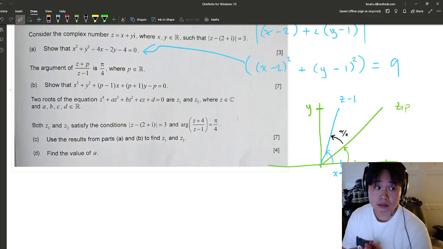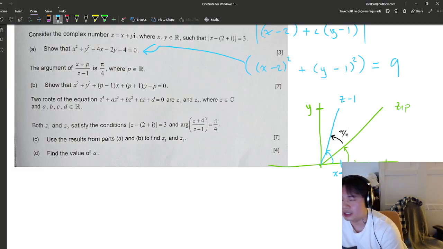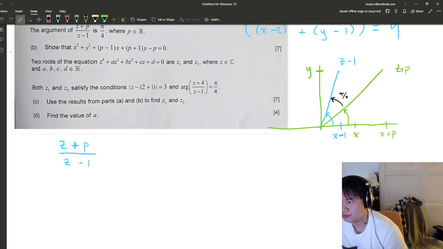Okay. We're gonna have to do this the long-ish way. We're gonna have to do division in Cartesian form. Man, what the hell? Okay, division in Cartesian form, you need to multiply by the conjugate.